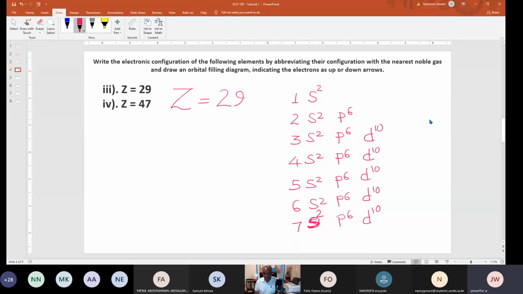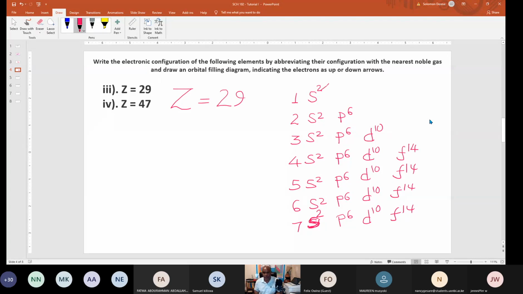Yeah, I can. So in the third shell, we only have S, P, and D. From the fourth shell, we have F. Okay, so F14. So you can write the ground state electronic configuration of all the known elements using these shells, subshells, and orbitals.